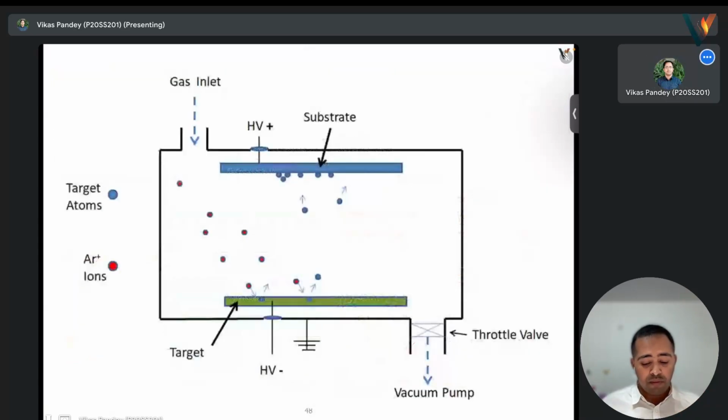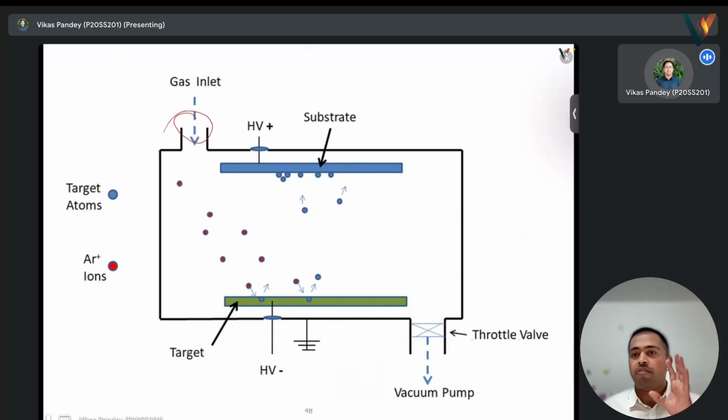In this case also we go for a very good vacuum, and then we purposefully insert some amount of argon and create a plasma of it. And why is it so?